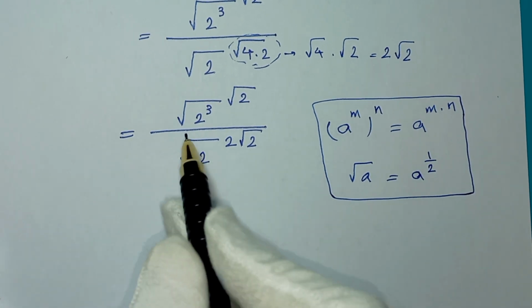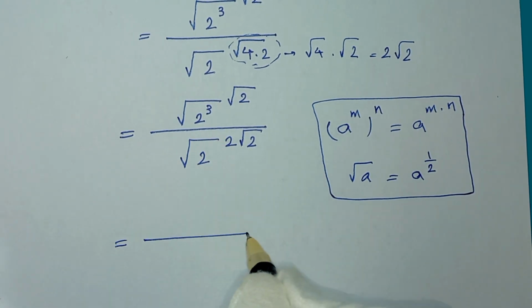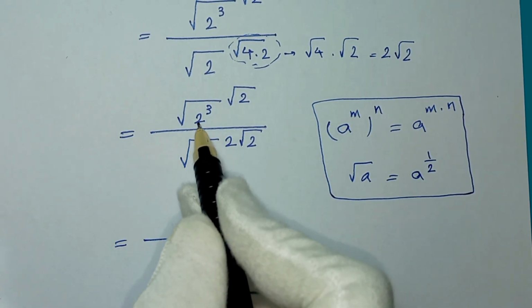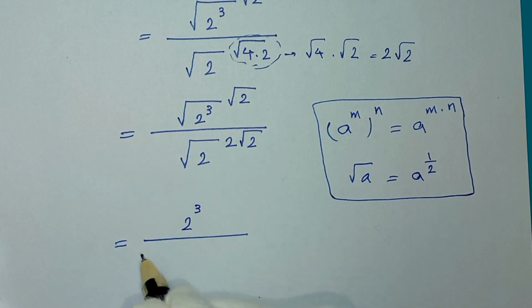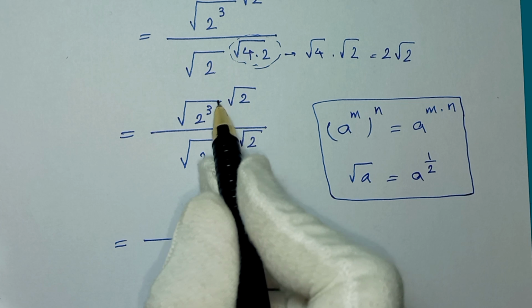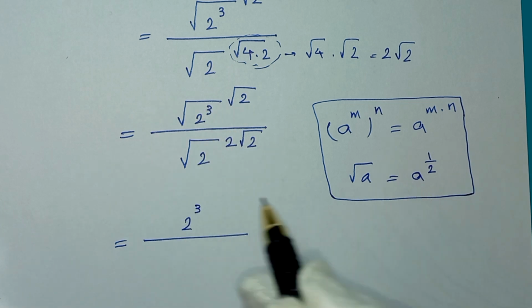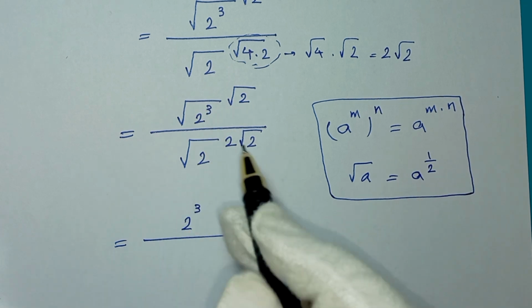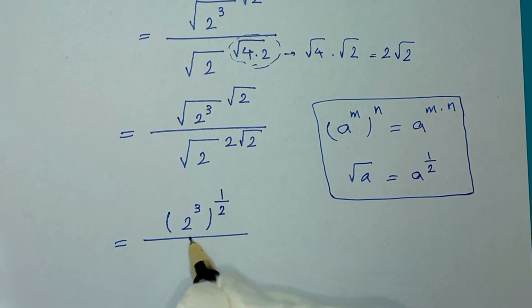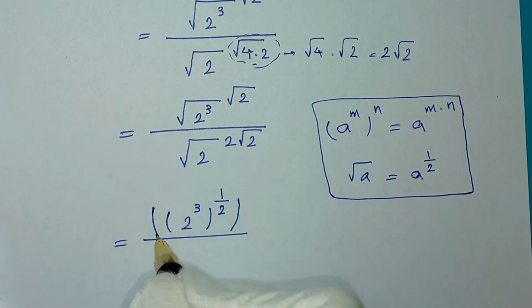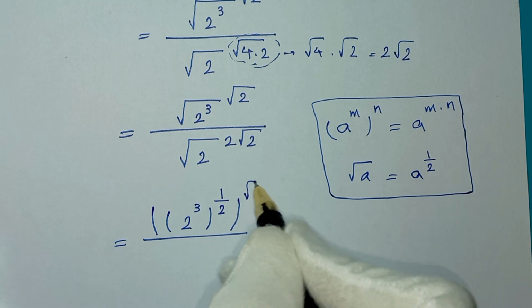So in here, this is 2 to the power of 3, and this square root is 2 to the power of 1 over 2, to the power of this square root of 2.